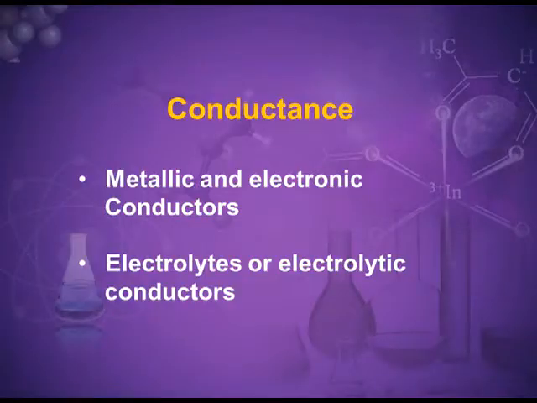The metallic conductors means the metals. The metallic conductors allow the current to pass through them due to the flow of electrons without undergoing any chemical change. The electrons move out from one end and enter through the other end.